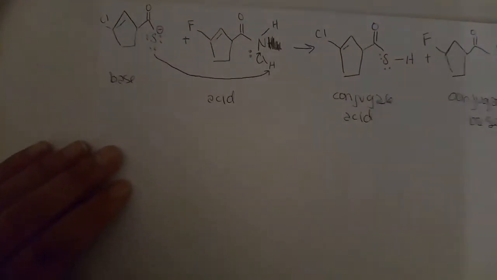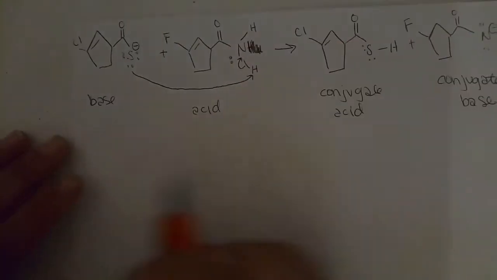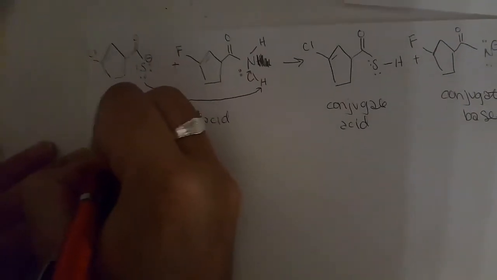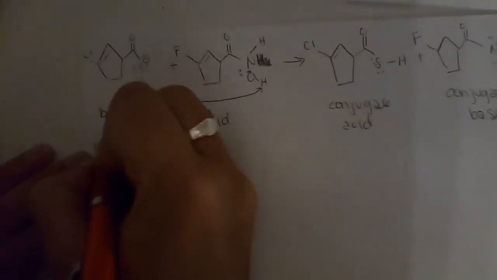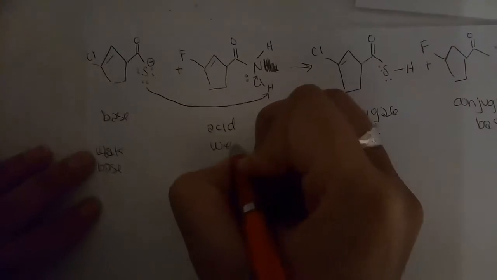So now that we've said that, we're going to decide which ones are weak bases, which ones are strong bases, which ones are weak acids, and which ones are strong acids. So the base is a weak base, and I can't spell weak. Weak base. This one's a weak acid. This is a strong acid.